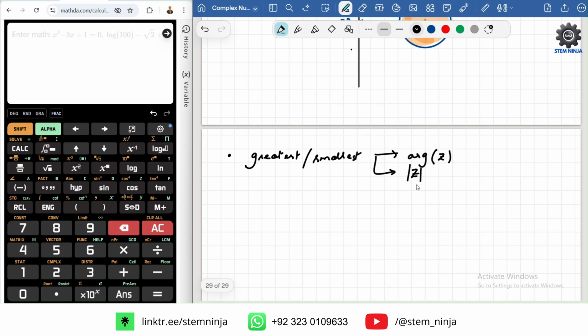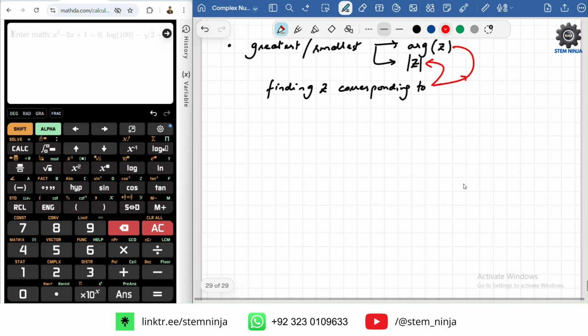Occasionally, not often, we will see finding the z corresponding to these two also. So greatest value of argument z, smallest value of mod z.